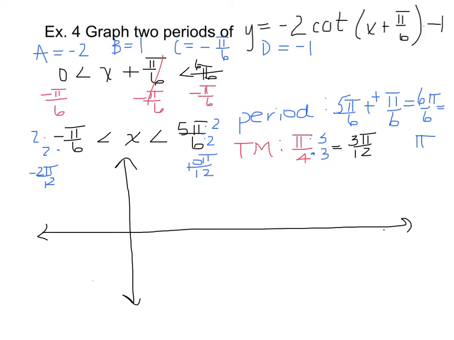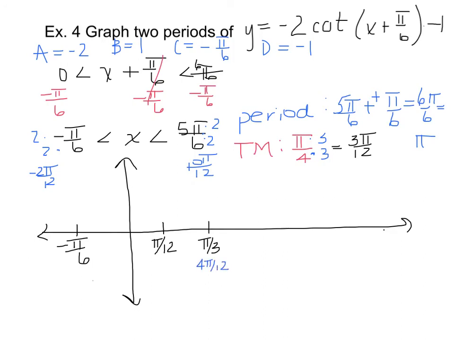So if we're at negative pi over 6, which is negative 2 pi over 12, and we add 3 pi over 12, that'll put us at positive 1 pi over 12. And if you add 3, 1 plus 3 is 4 pi over 12, which is pi over 3, but I'll write it right here.